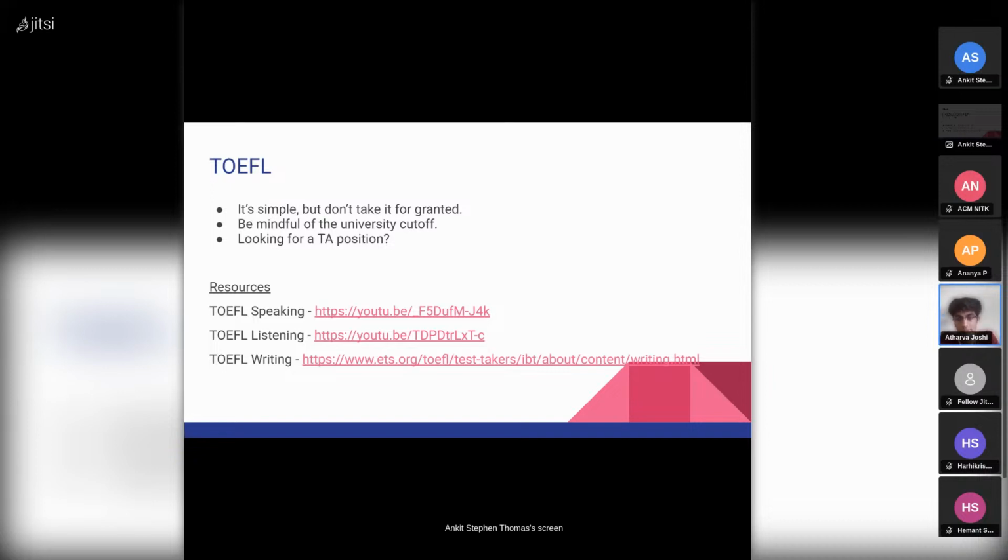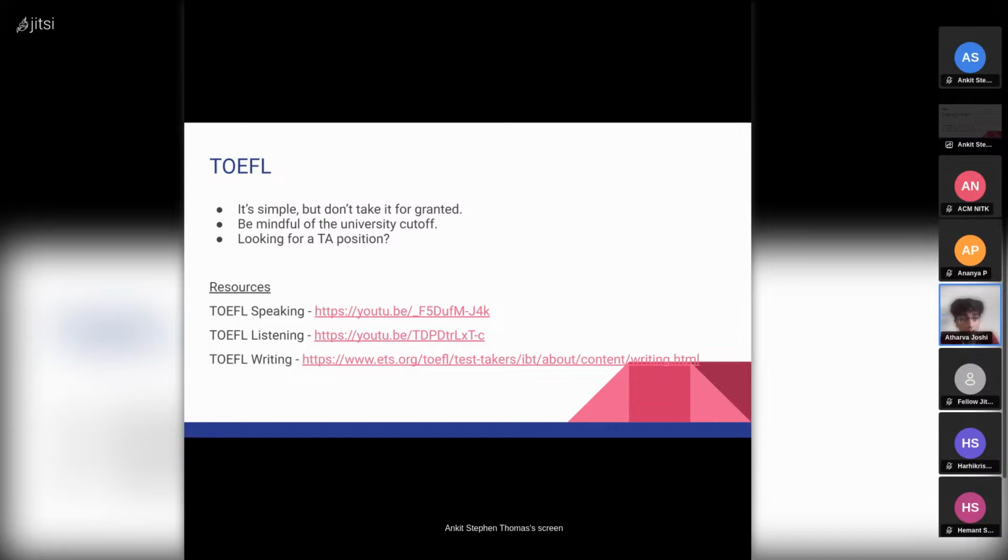So just be careful. Also be mindful that each university has a specific cutoff for TOEFL. I think for UCSD it was around 85, and it varies from university to university. If you're aiming for a university, make sure that you achieve that TOEFL score.